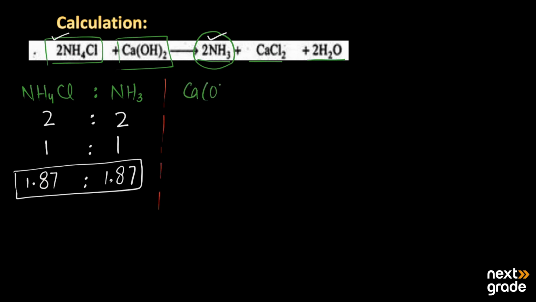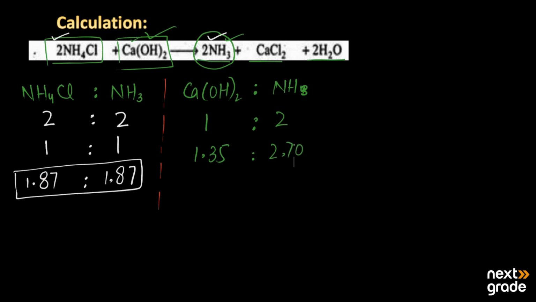Here calcium hydroxide is the reactant, and we compare with the product, ammonia gas, NH3. For calcium hydroxide, 1 mole produces 2 moles of ammonia, and if we have 1.35 moles of calcium hydroxide, then it produces 2.70 moles of ammonia.